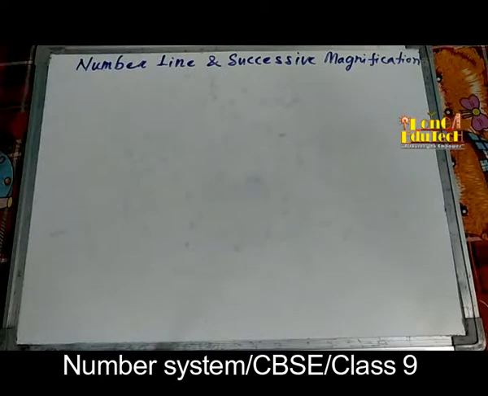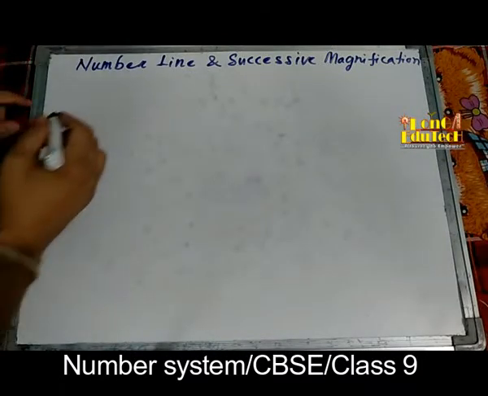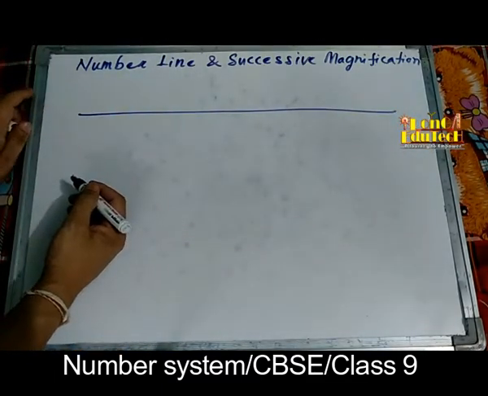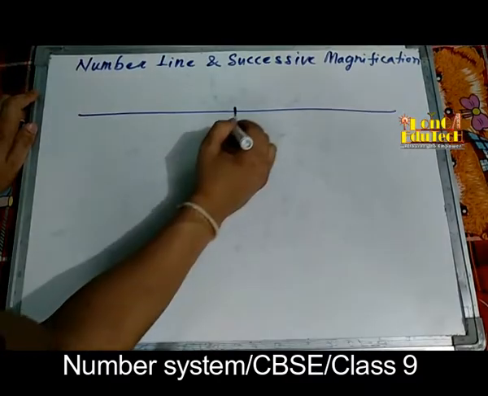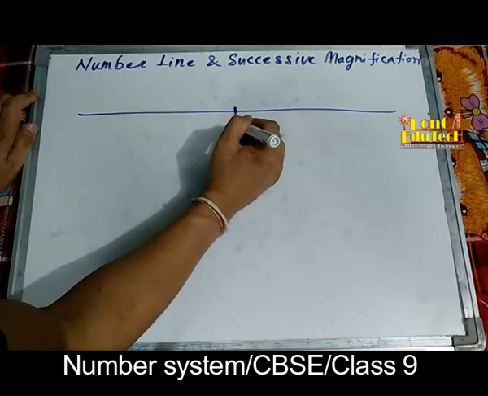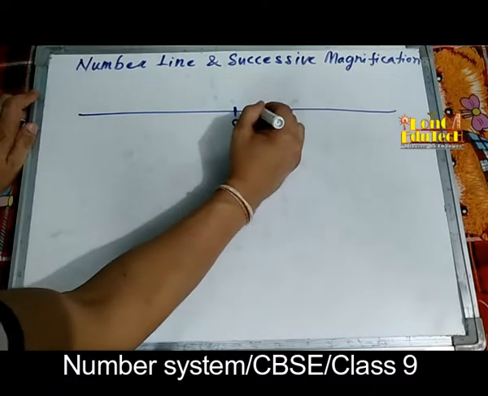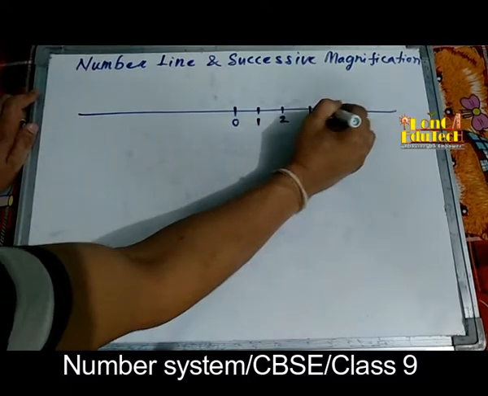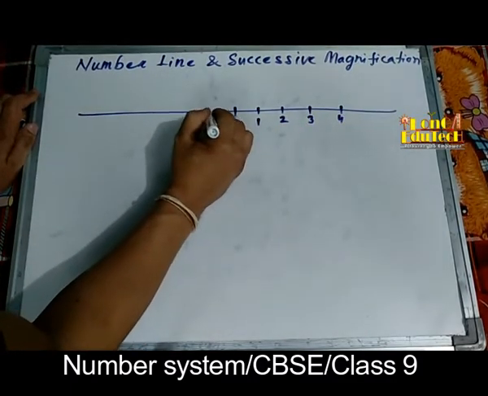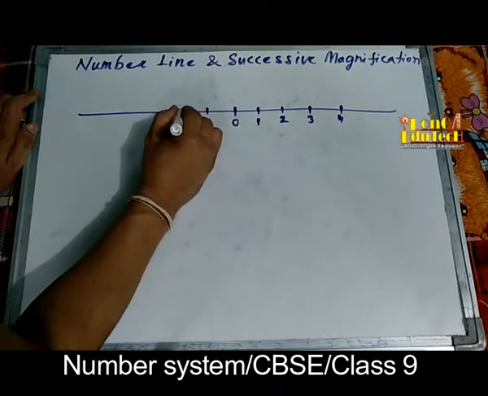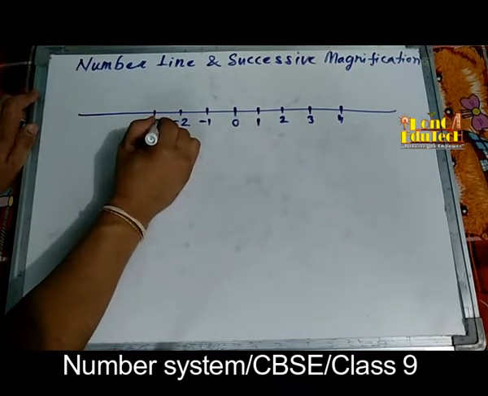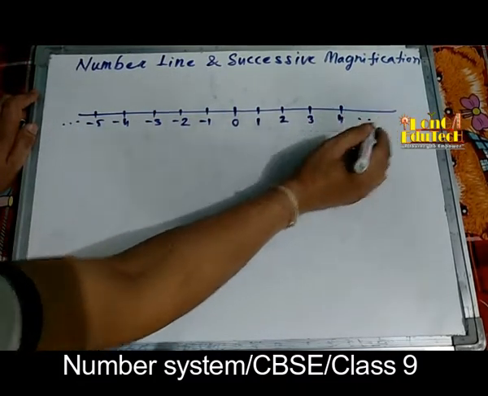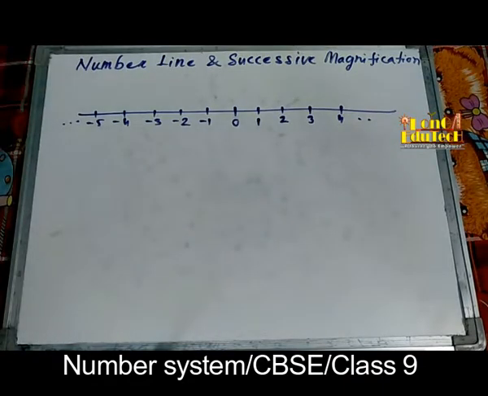Now we have the number lines and the successive magnifications. As we know from the lower classes, the number line: this is 0 as I have shown, and on the right side are 1, 2, 3, 4, and on the left -1, -2, -3, -4, -5, etc. There are uncountably many.